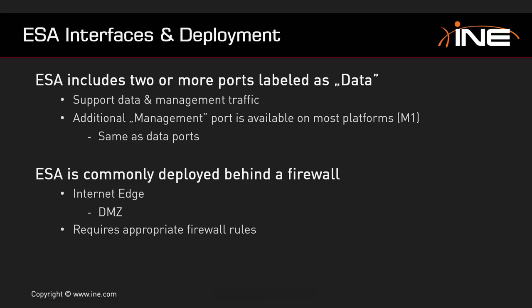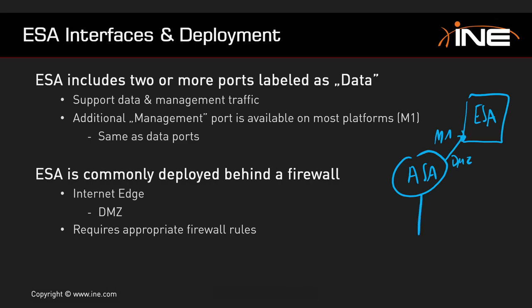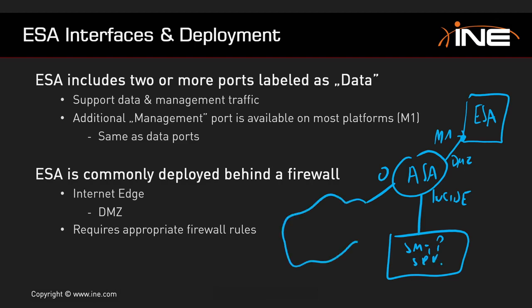And at minimum, what you will have to allow is, I'm going to say that this is ASA. This is going to be our ESA, which is connected to the DMZ. And you also have the inside and outside. Inside is going to contain a, let's say, single SMTP server, like our Exchange. And this is going to be the internet.